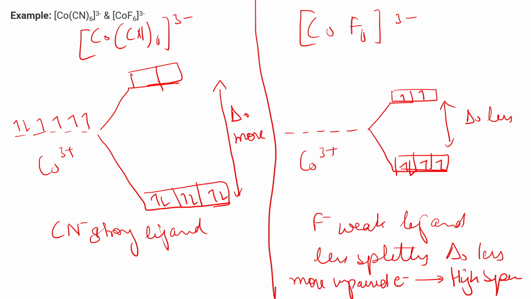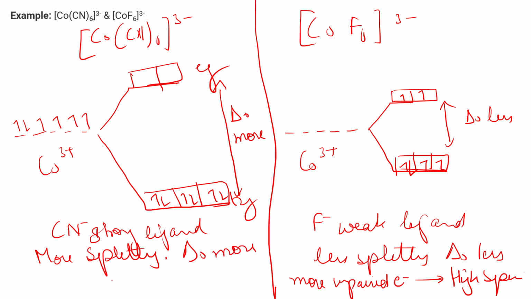Electrons can't jump from here to there. Only in t2g will electrons be filled. So strong ligand, more splitting, delta naught more, less number of unpaired electrons. That means low spin. You understood?